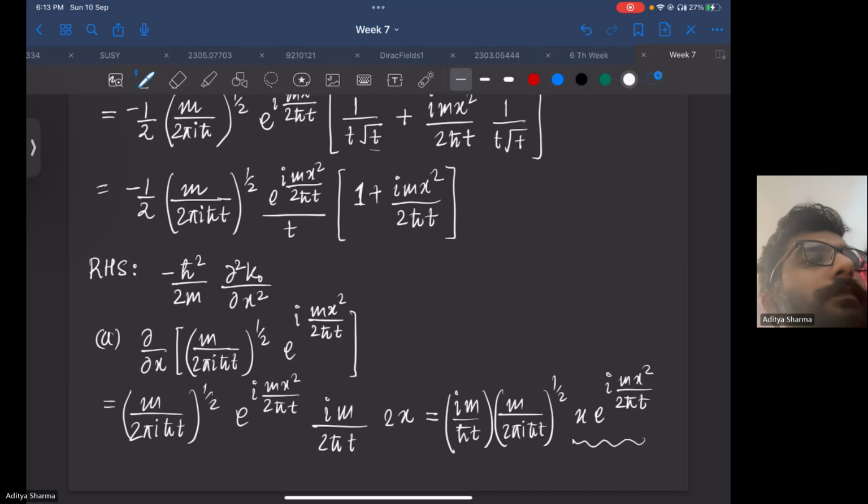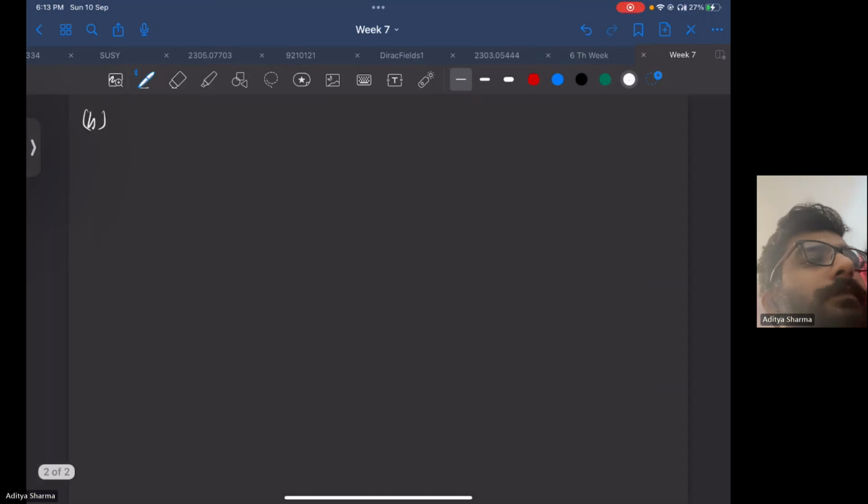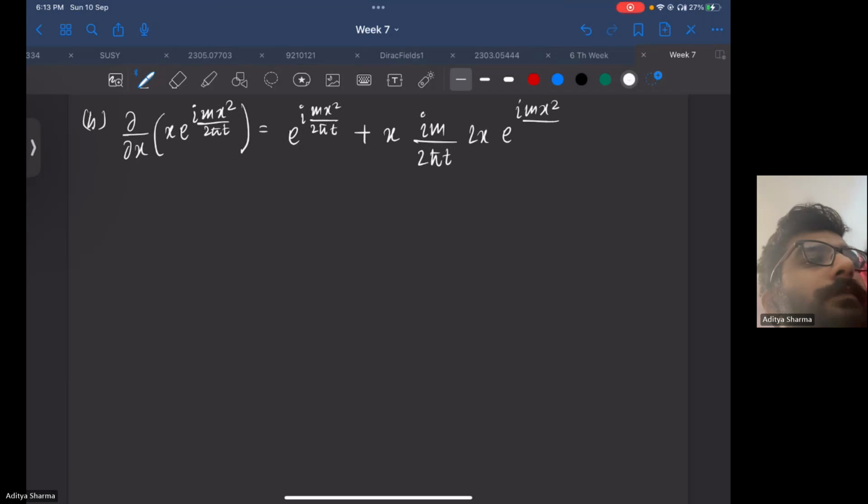I'll differentiate only this part, so that is del x of this. Now we'll combine, so put it in it.